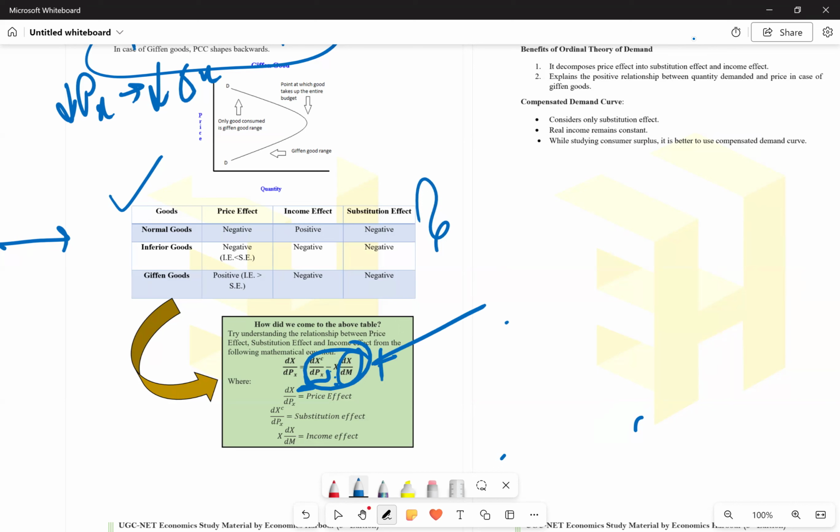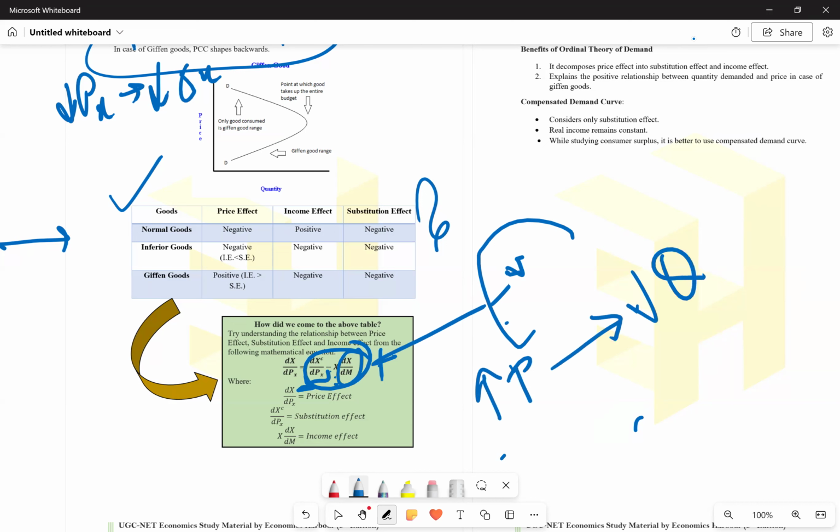So in case of normal goods, the price effect would be negative, implying that a rise in price will lead to a fall in quantity demanded and vice versa. So price and quantity go in opposite directions. That's what normal goods say.